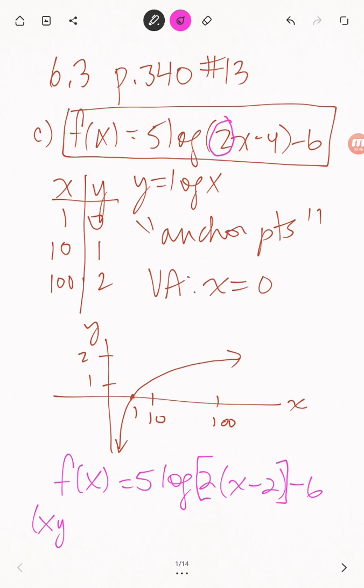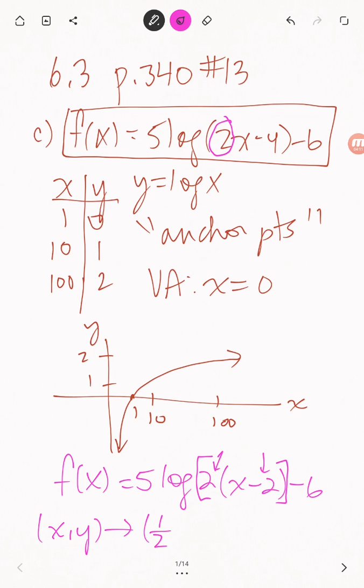Any general point x, y will be transformed by the transformations that affect only the x coordinate, which are the 2 in front of x.